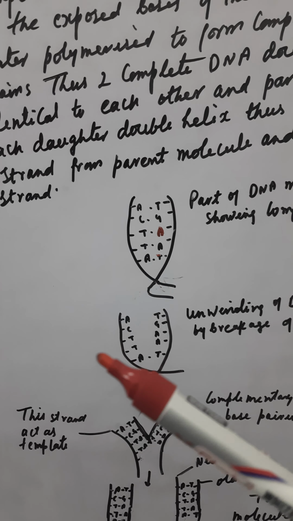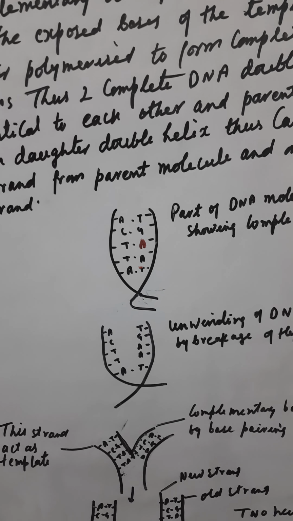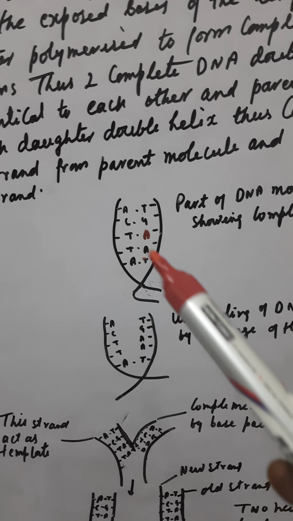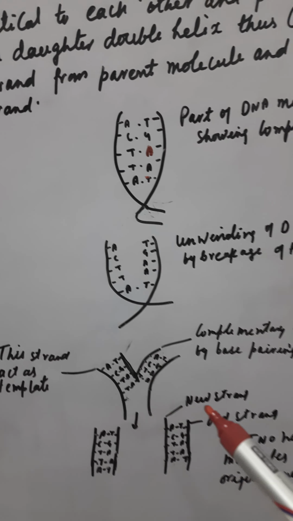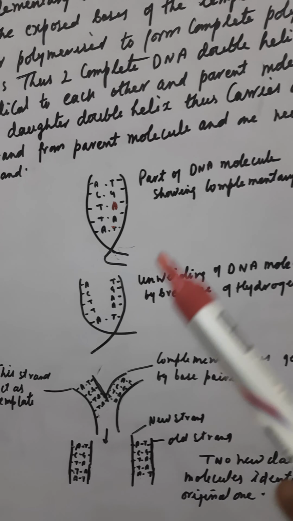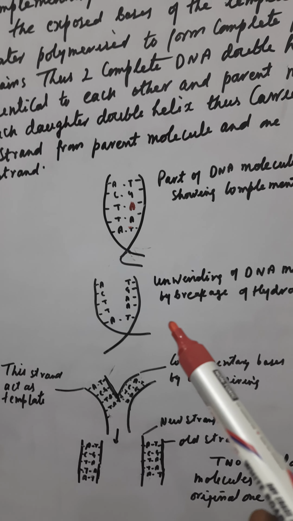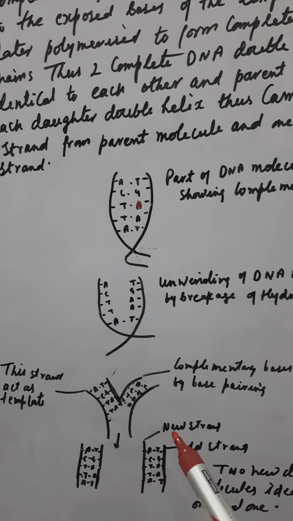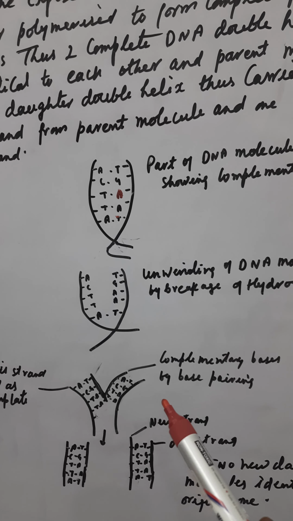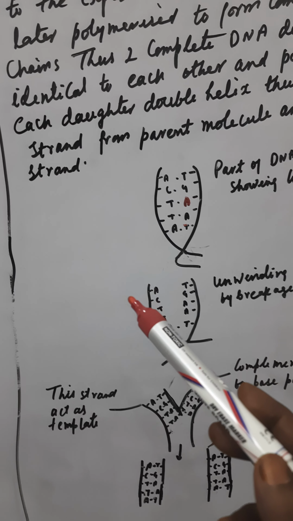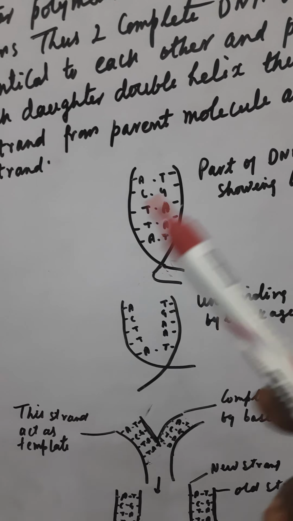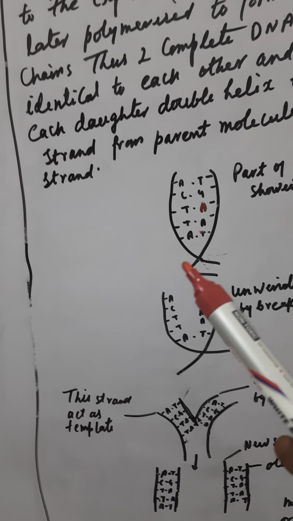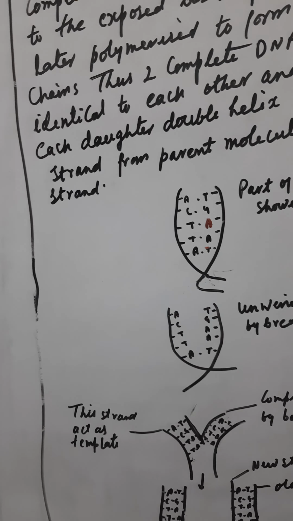Thus two complete DNA double helices are formed, identical to each other as well as to the parent molecule. Each daughter double helix thus carries one polynucleotide strand from the parent molecule and one newly assembled, as I have told, in the process of replication.